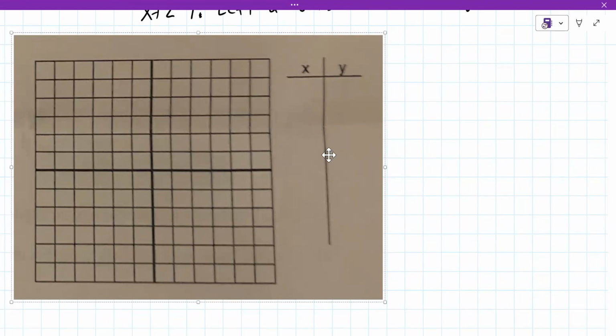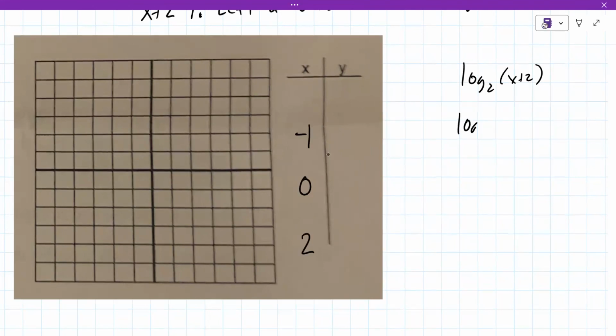So we need to get a couple of points here. Log base 2 of x plus 2. So we'll do, for example, when x is -1, when x is 0, and maybe when x is 2. The first one, log base 2 of -1 plus 2 is log base 2 of 1, which is 0.